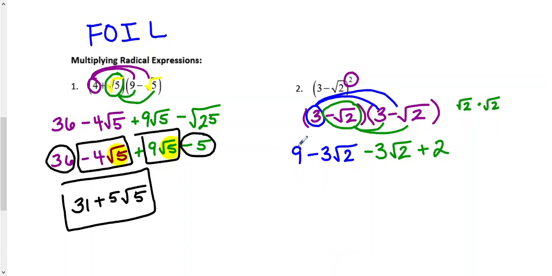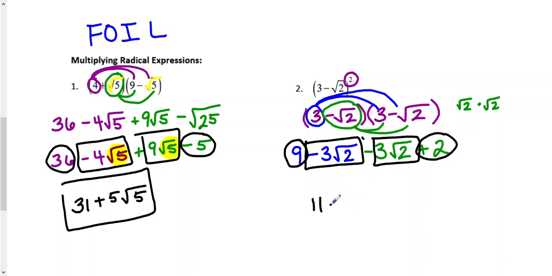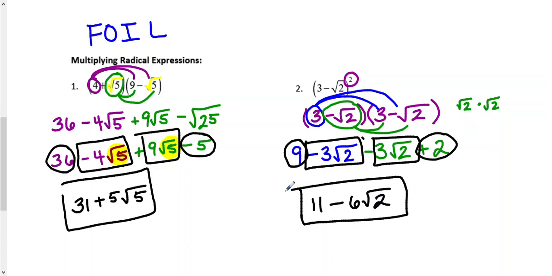And then I combine my like terms. So I have 9 plus 2, which is 11. And then negative 3 square root of 2 minus 3 square root of 2 is negative 6 square root of 2. And that is my final answer.